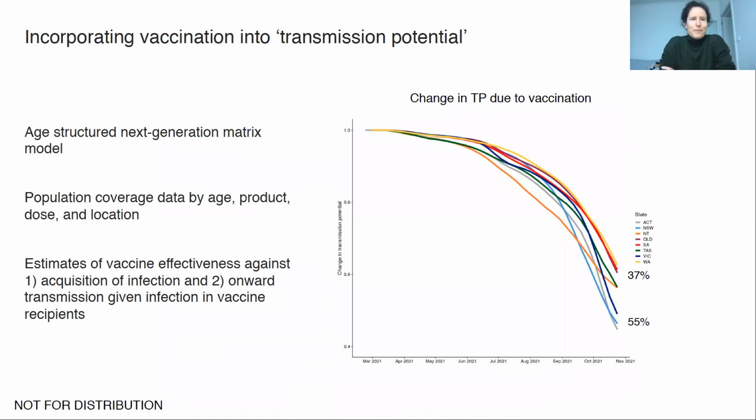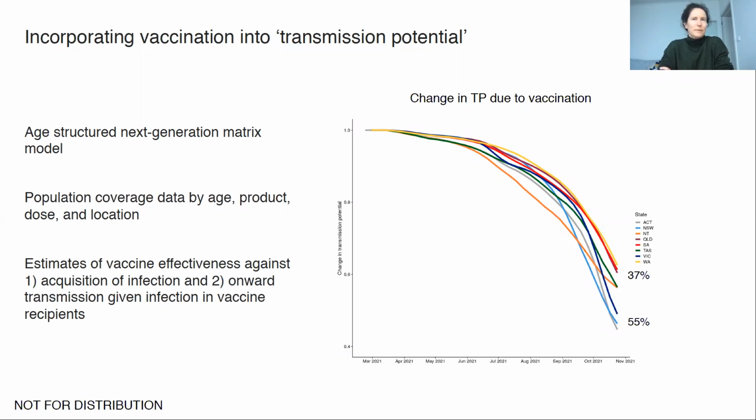So that's a lot of background into this metric that we've been relying on as an understanding of risk of spread in our population for most of 2020 and early 2021, and we're still using now as well.